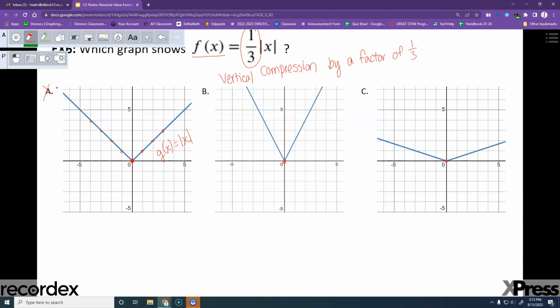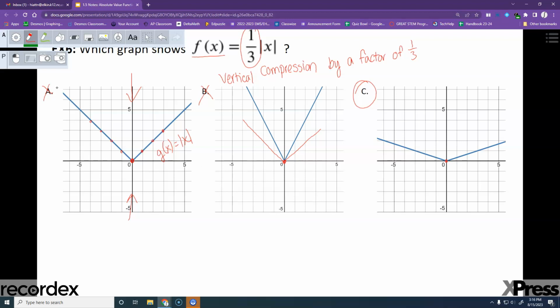And so that means that my graph is going to be sort of compressed, squished in along that x-axis. It's going to squish it down shorter and fatter. So if I compare that to that just basic absolute value of x graph, this graph actually looks like a vertical expansion. It looks taller and skinnier, so that is not correct. Over here, this does look squished down, so that's our best answer.